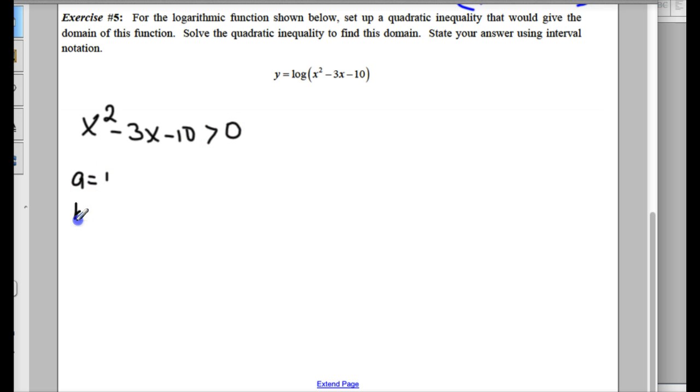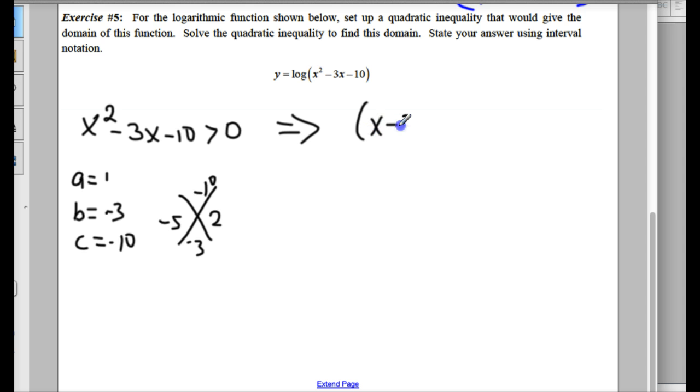My a is 1, my b is -3, and my c is -10. So -10 on top, -3. These numbers are -5 and +2. So this is actually going to be x minus 5 and x plus 2 is greater than 0.